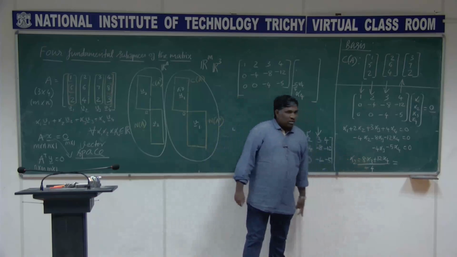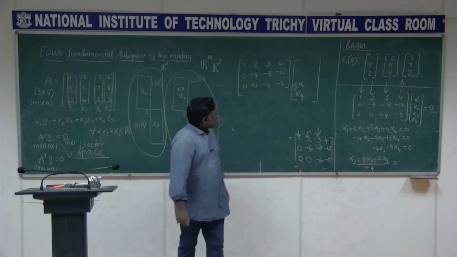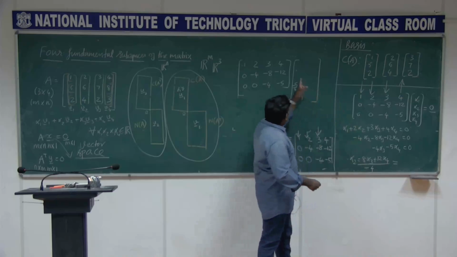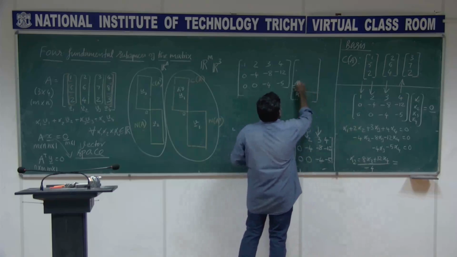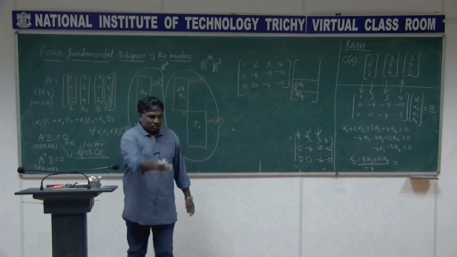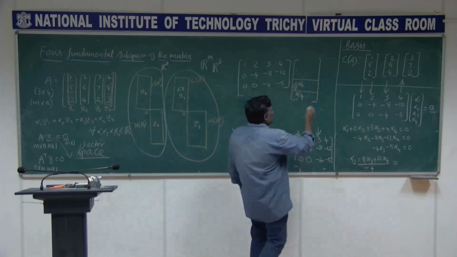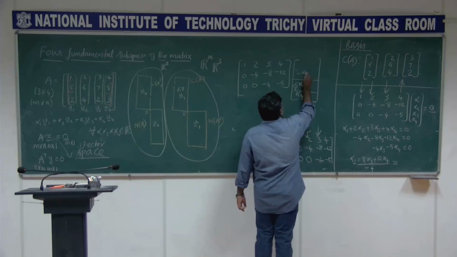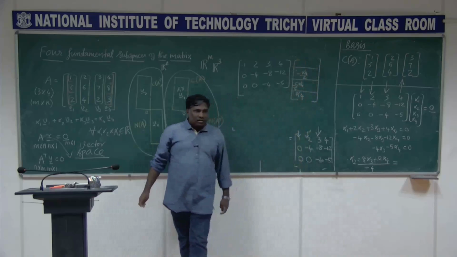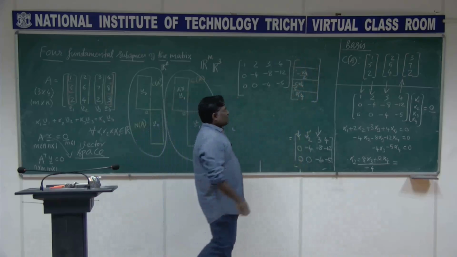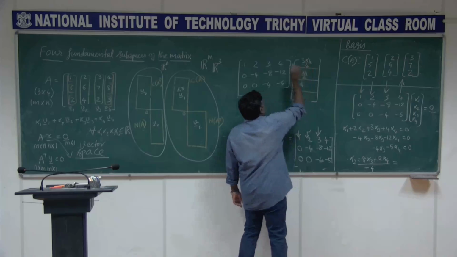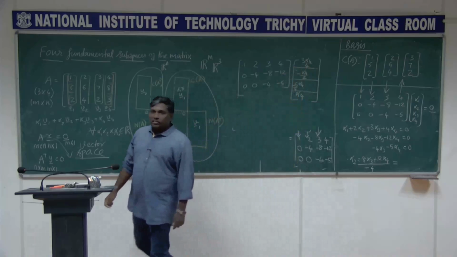If I substitute alpha 3 as minus 5 by 4 alpha 4, somebody tell me, I will write what you are telling. So I want the answer in terms of alpha 4, alpha 2. You tell? Minus alpha 4 by 2. And then alpha 1 in the same fashion. 3 alpha 4 by 4. Right?